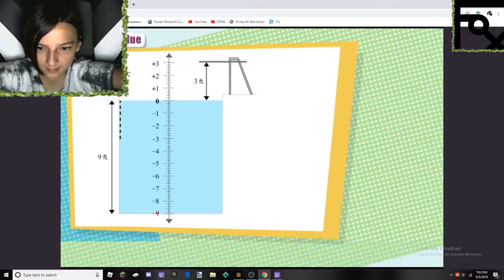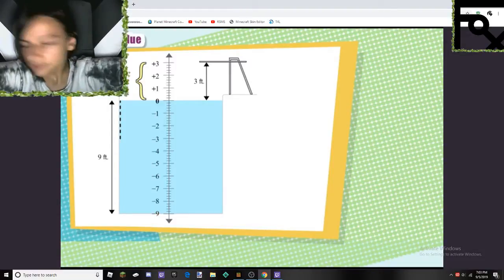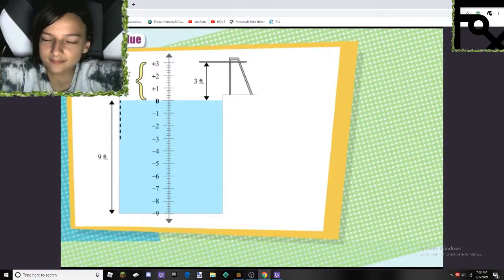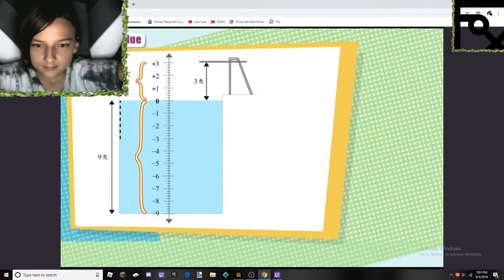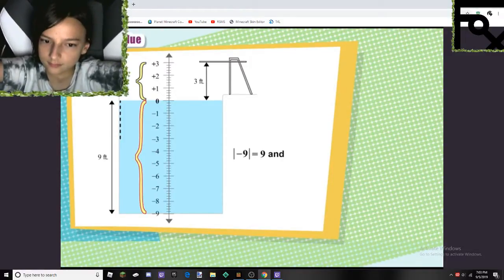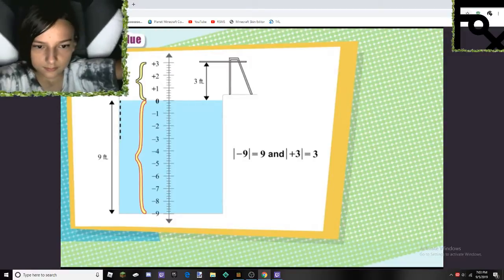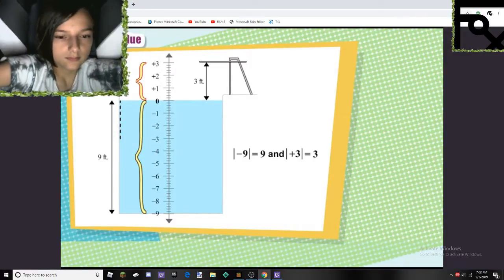We can compare the distance from the surface of the water to the diving board and the distance from the surface to the bottom of the pool using absolute value. We know that the absolute value of negative 9 equals 9, and the absolute value of positive 3 equals 3.